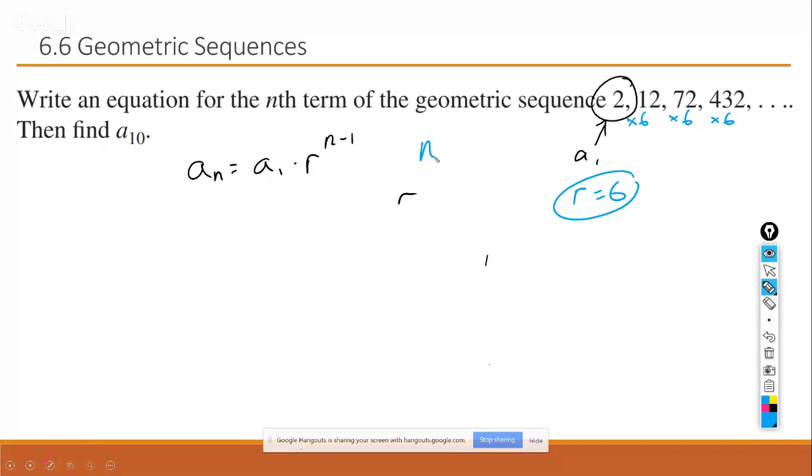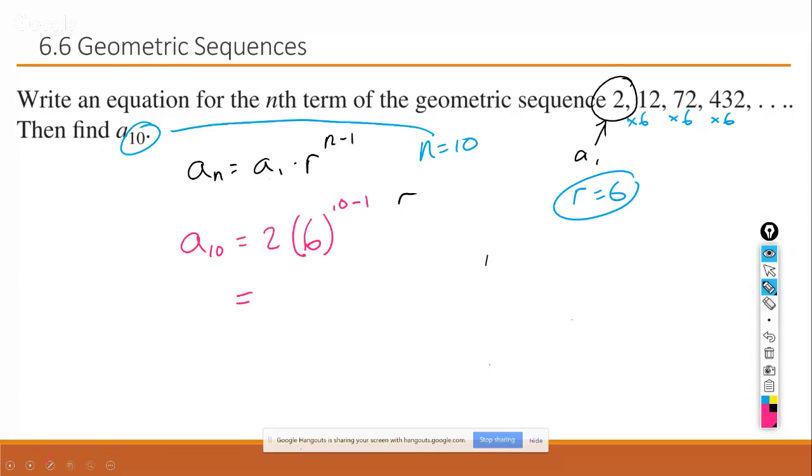And then n is, it says find the term, so n equals the number from over there. So now I just plug all that stuff in. So a10 is equal to 2 times 6 raised to the, and again we want this term. And then I plug that in my calculator and you get another huge number. And that would be your answer.